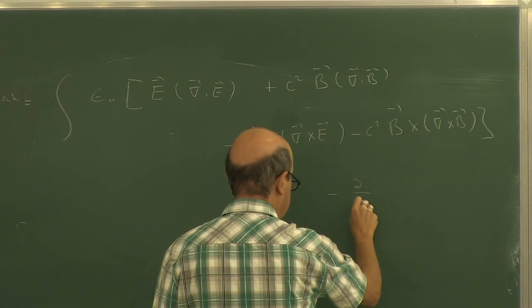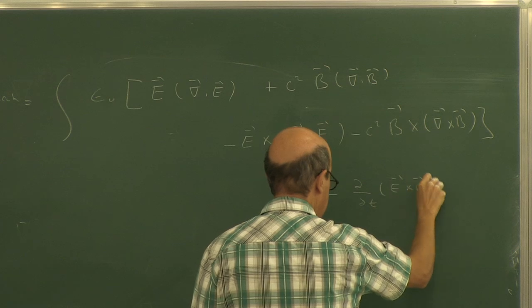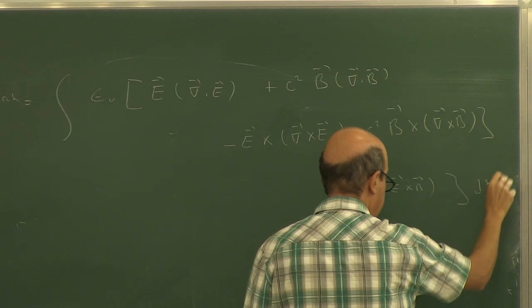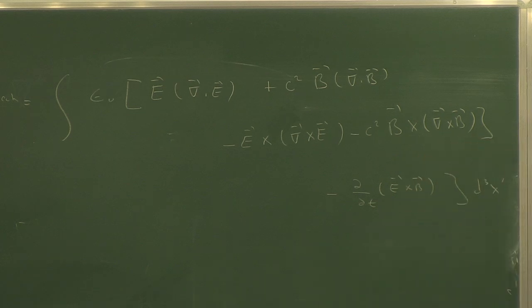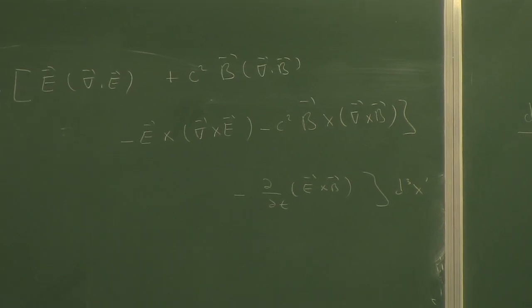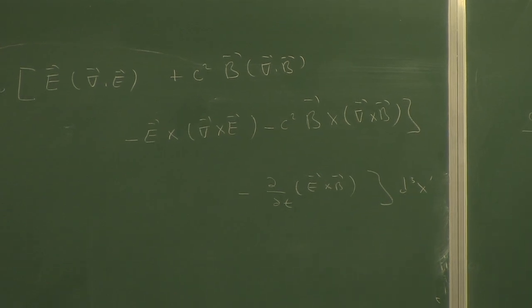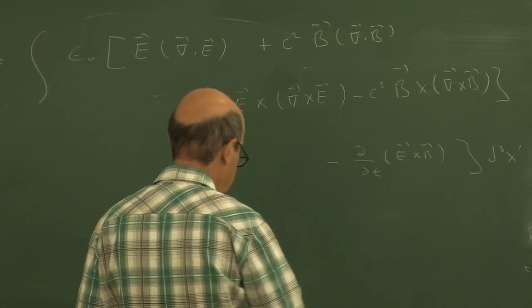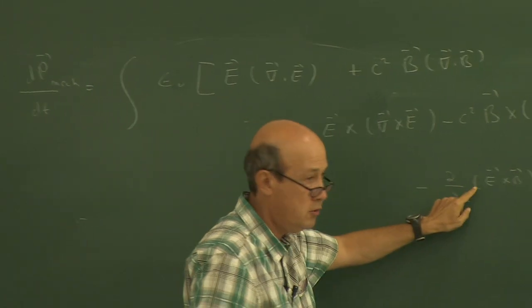del over del t of E cross B, and everything has to be integrated through the volume. One thing here before I stop: you have epsilon 0 times this term.